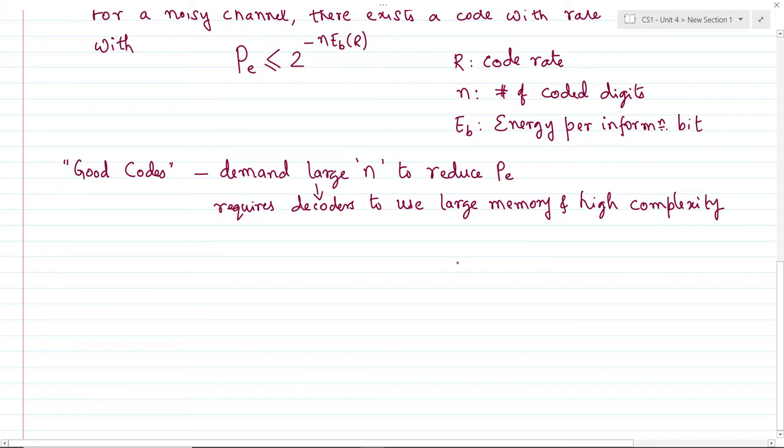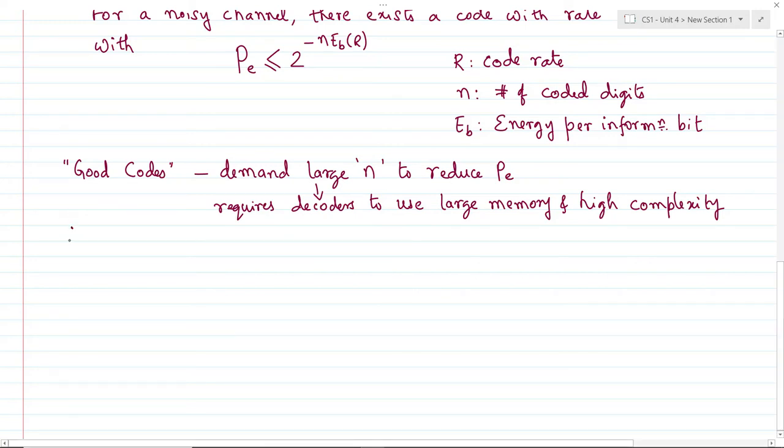The key to the problem of designing really good codes, or designing a code for error correction, is to search for a really good code with large length n to reduce error probability. Obviously, we have to have this large n, but also decoders that are simple to implement.